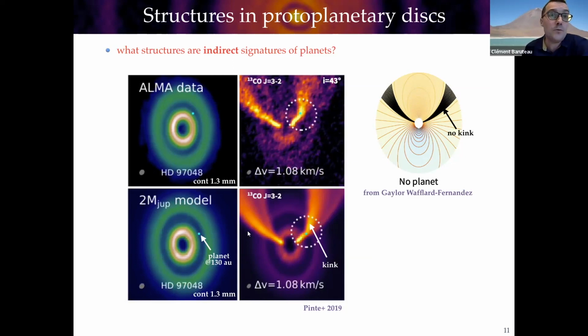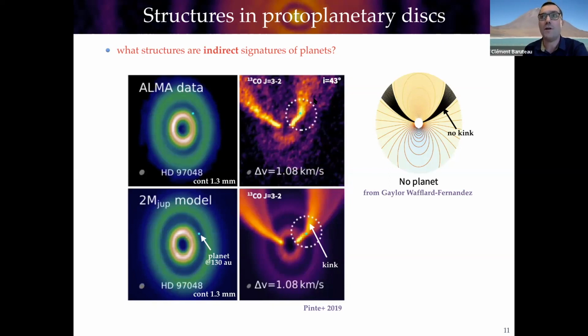And indeed, when you do hydrodynamical simulations, as Christophe Pinte and collaborators did, if you assume that there's a planet in the disk that could explain this dark ring in the dust continuum emission on the left-hand side, you also get to predict the kink in the gas emission. So again, the kink in the gas emission is perhaps yet another way of constraining the presence of planets behind the ring-like structures that we also see in the dust continuum emission.